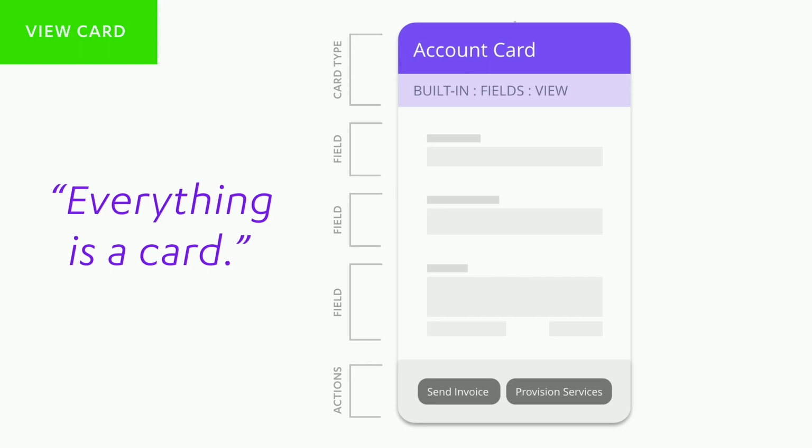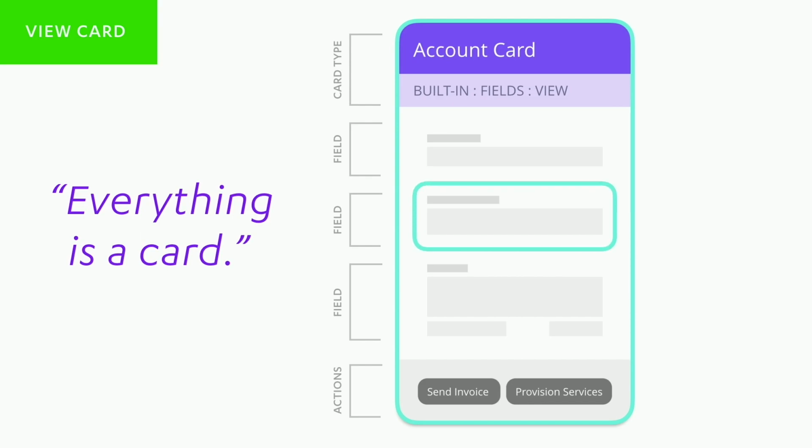That makes sense. But there's something a little deeper going on here, which is that if you actually look at the obvious thing that is a card, so account is definitely a card. It contains a bunch of fields. But if there's a field called address, as we'll talk about later in the talk, address itself is also a card, right? Because it contains its own fields. It may have a little control to do a Google lookup, so you can auto-complete the addresses.